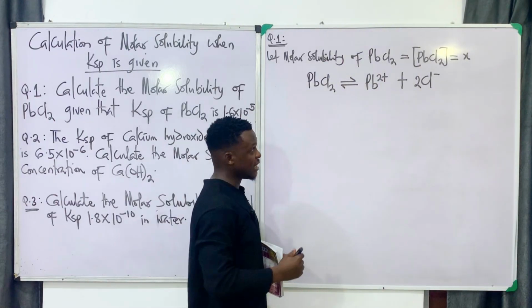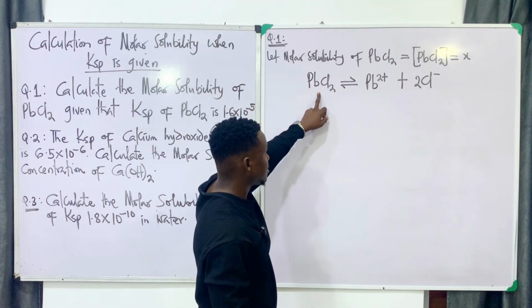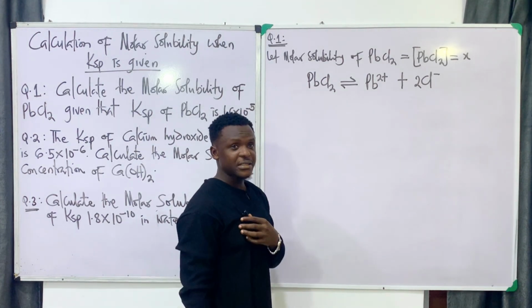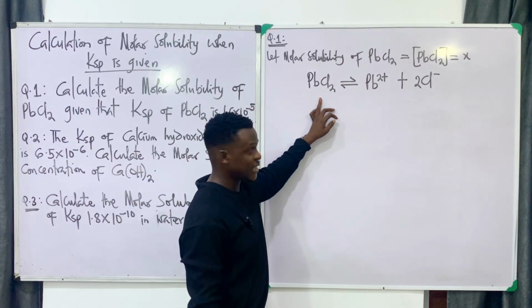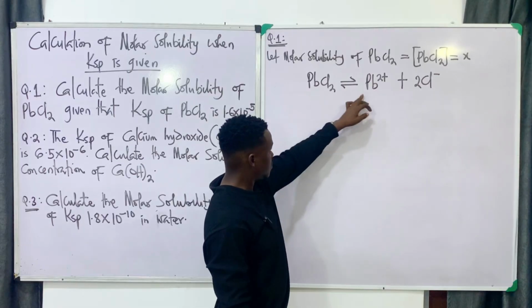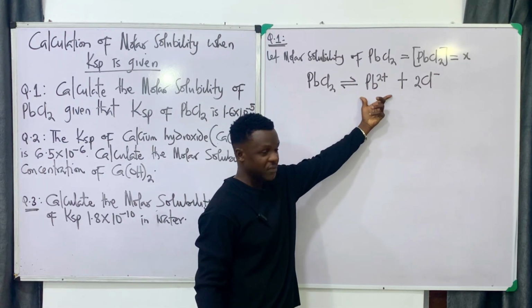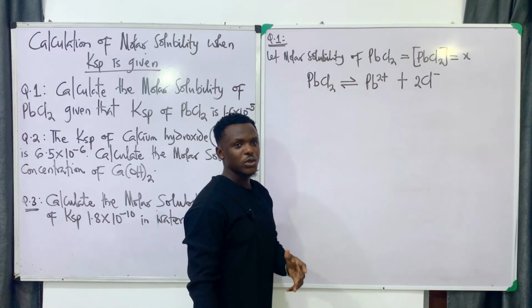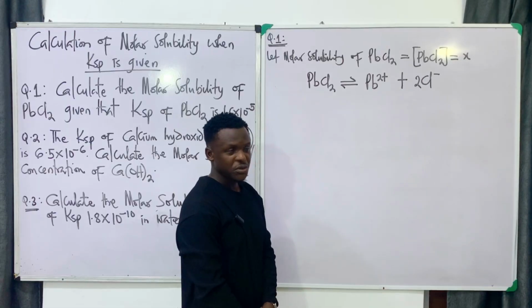First thing first, we do not know the concentration of this one. In the previous case, when they gave us the molar solubility or the molar concentration, we said this is 1:1:2. So whatever the concentration of this is, it will be the same concentration as that of this. But right now, we do not know the concentration of PbCl2.